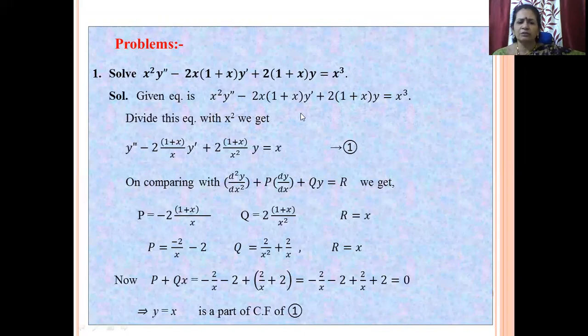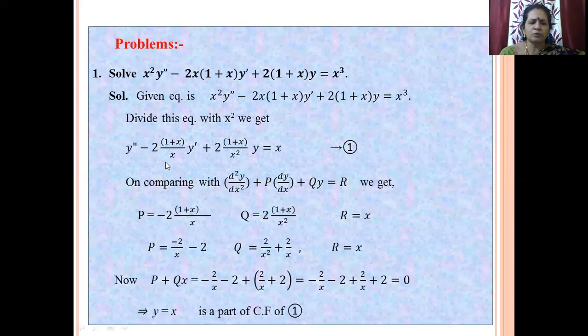Now we have to convert this equation into the form d square y by dx square plus p into dy by dx plus qy is equal to r, the linear second degree equation with variable coefficients. Here the coefficient of d square y by dx square is unity, that is 1, but here x square is there, so we divide the entire equation by x square.